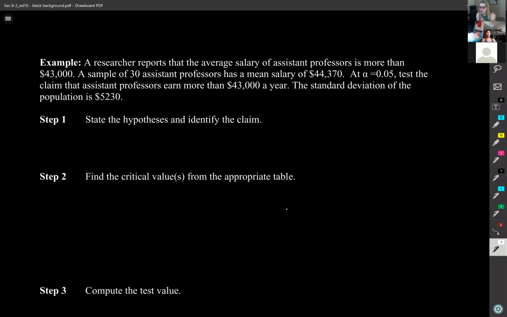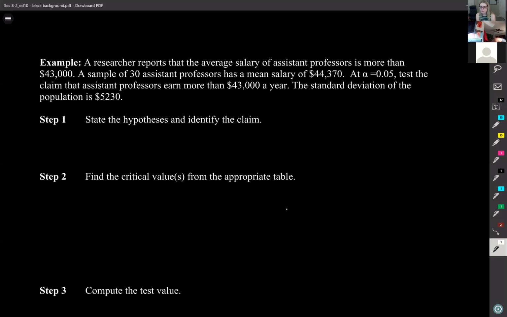We have a sample of 30 assistant professors with a mean salary of $44,370. At a significance level of 0.05, test the claim that assistant professors earn more than $43,000 a year. And then we're given the standard deviation of our population.